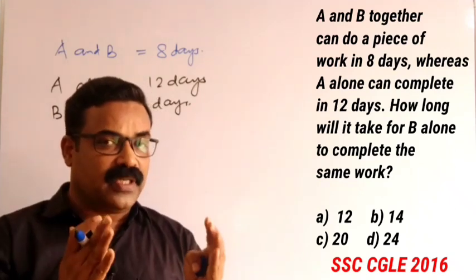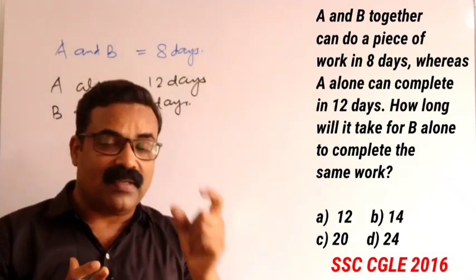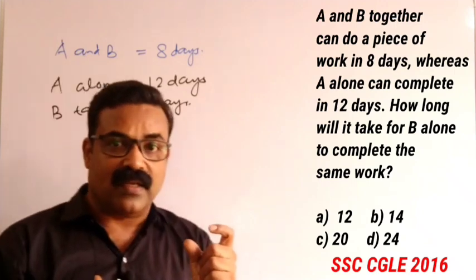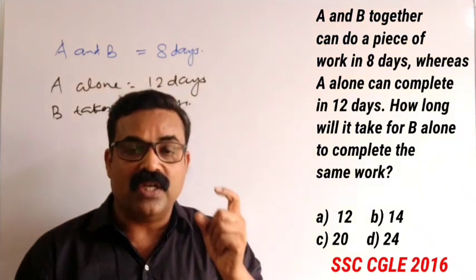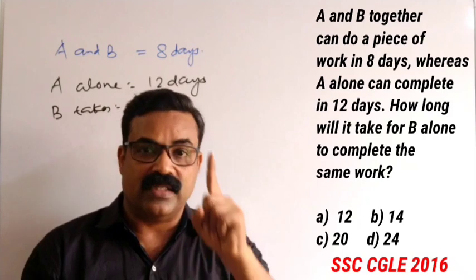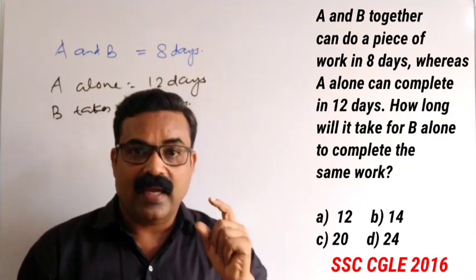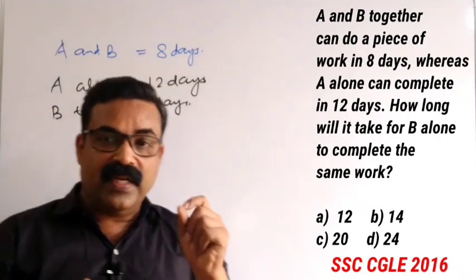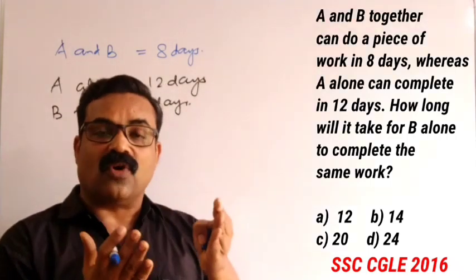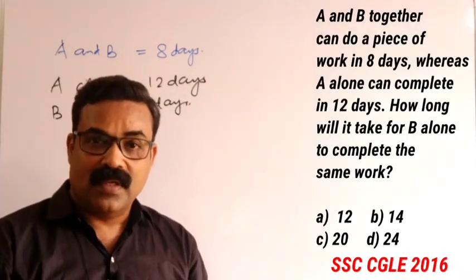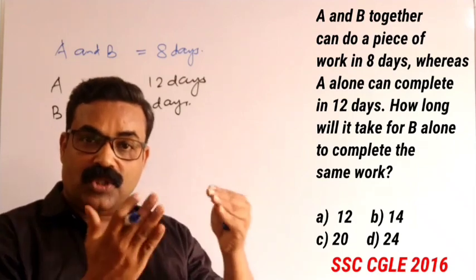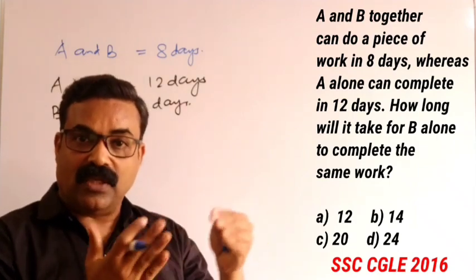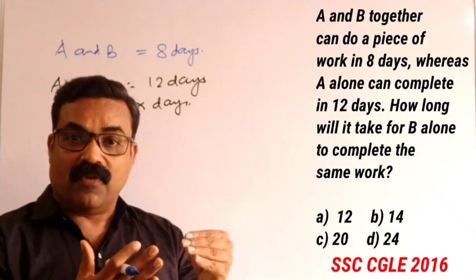One very important concept you need to understand here, students, is that completion of work is taken as 1. A completes the work in 12 days. That means every day 1/12 of the total work is completed by A. 1/12 on the first day, 2/12 the second day, 3/12 the third day, 4/12 the fourth day.